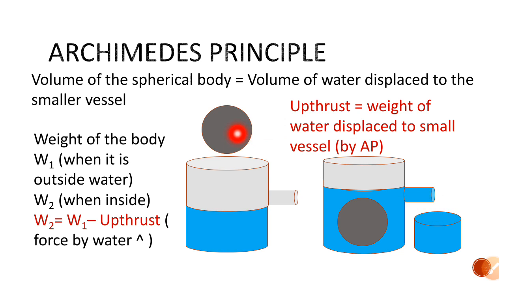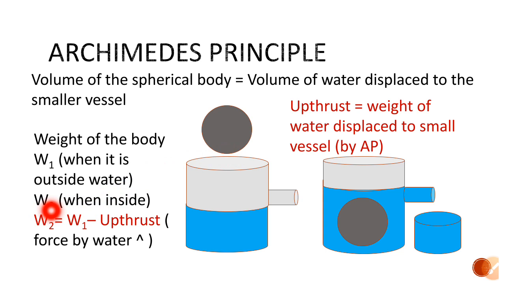And now see, the weight of the body is taken as W1 when it is outside. Whenever the body is here, its weight is W1, and when it gets inside the water, you all know that any object loses some of its weight. Its new weight inside water becomes W2, as we have taken here.